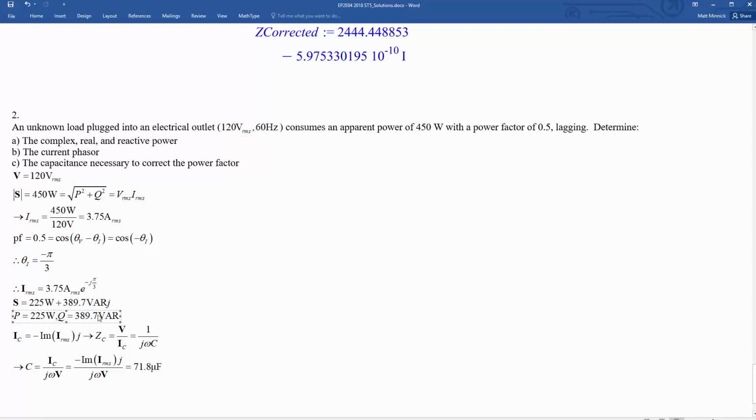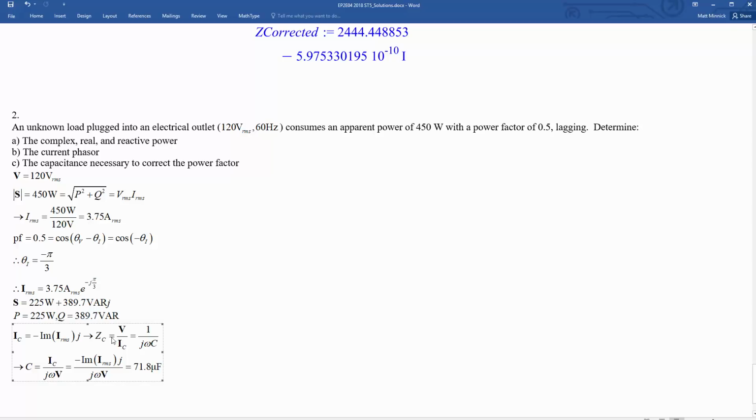We can pick out our real and reactive power, and then we needed to figure out the capacitance necessary to correct the power factor. That comes from the idea that the current going through the capacitor, if it's placed in parallel, must be removing the imaginary part of the current going through the existing load.